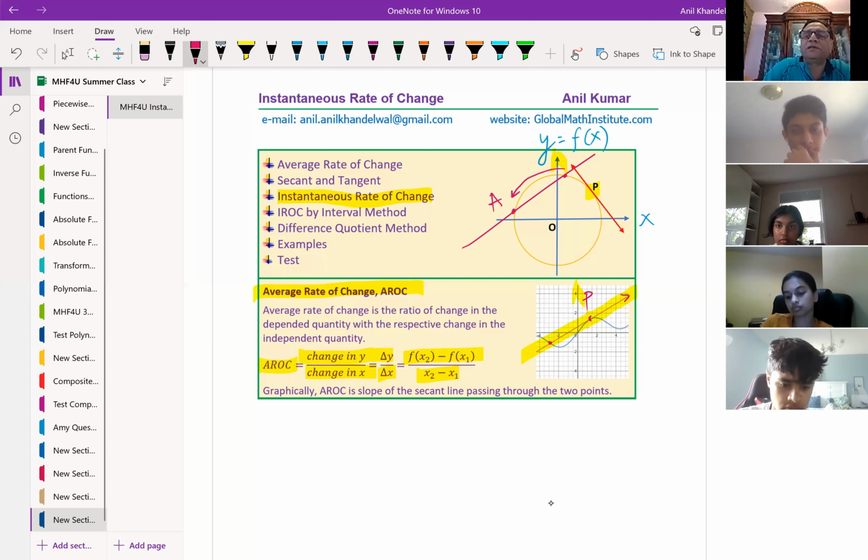So we bring the other point B very, very close, let's say B dash, so that it is extremely close. We can say that the distance between them is negligible, very, very small. That means the delta x value is approaching 0. In that case, it becomes a tangent. Do you see that? So this becomes a tangent.